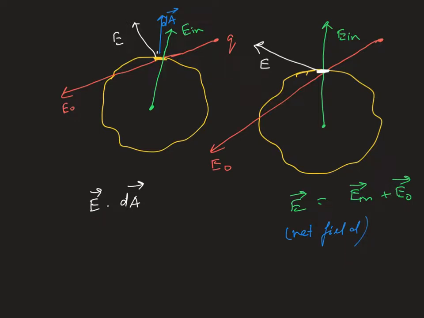The flux is net field dot area vector, and we find out the overall flux for all points on the surface. And since we are doing it for all points on a closed surface, we mark a circle on the integration. This circle always represents a closed surface integration.